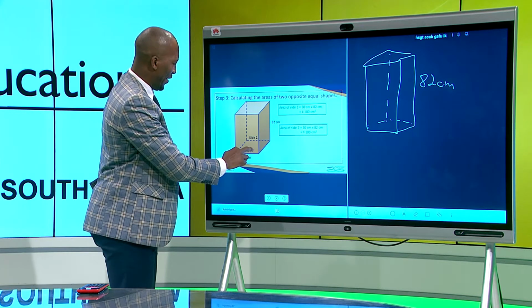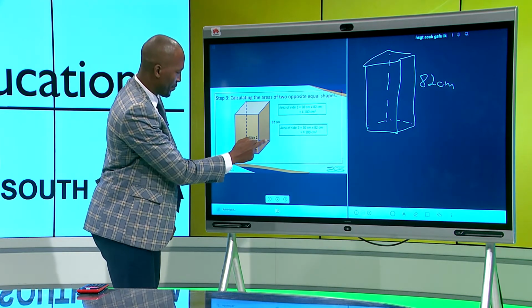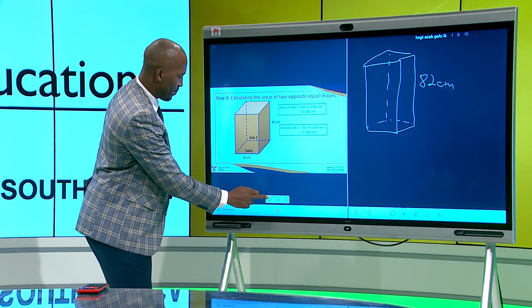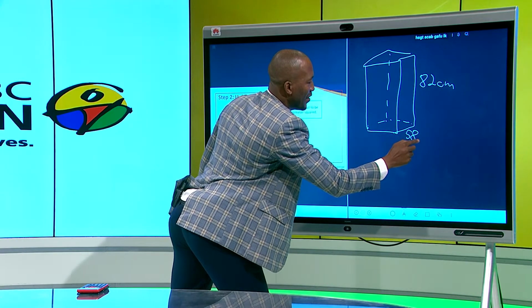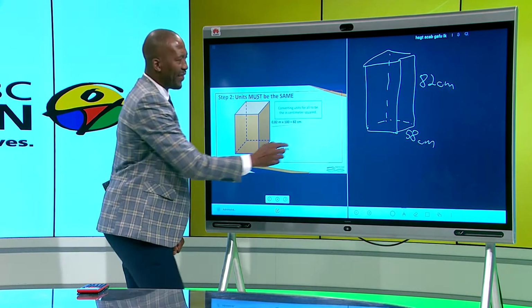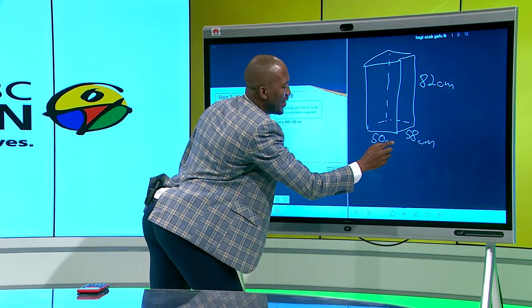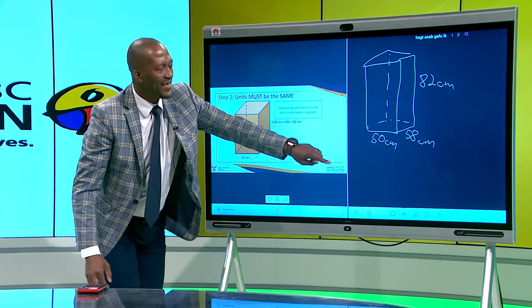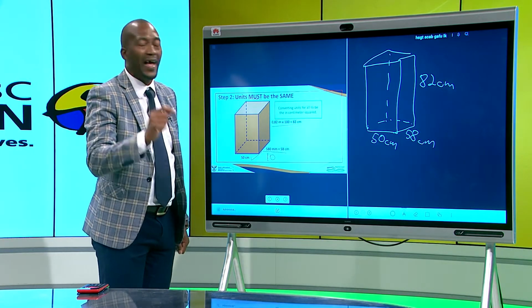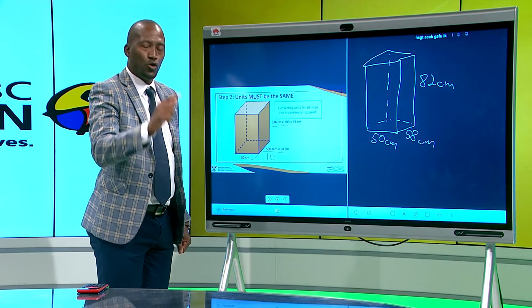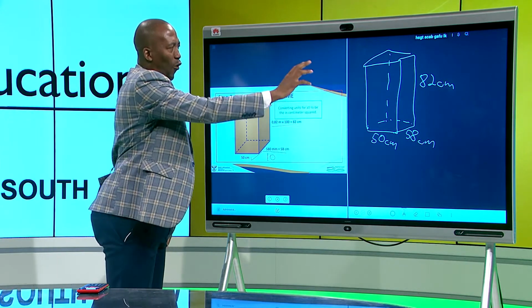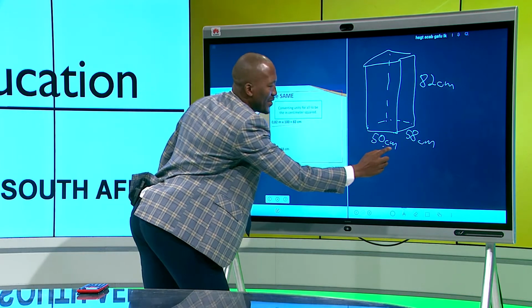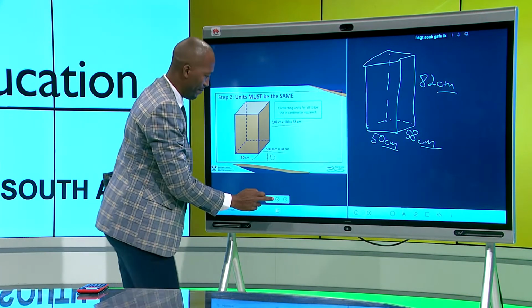We are having this one again, the other side, which is the length, which is 58 centimeters. And we are having the breadth, which is 50 centimeters. So once the units are the same, you are able to substitute, because we have converted all the units to be the same. Centimeter, centimeter, centimeter.